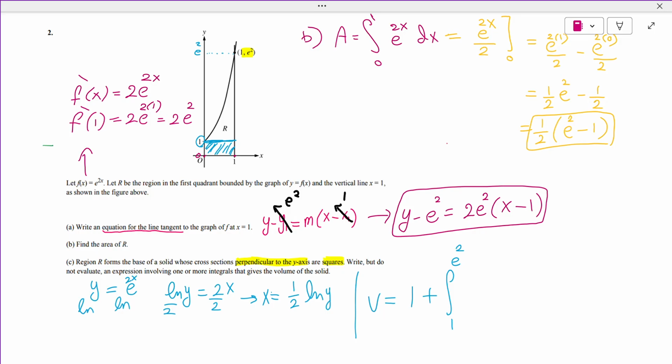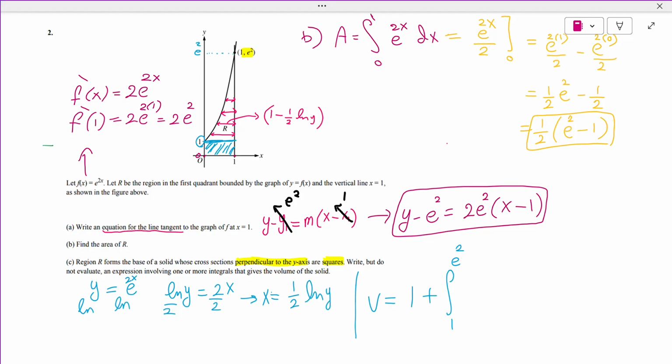Now, we need to find the side measure of the cross section, which is going to be a square. So we are looking for this measure, because the cross sections are squares. So this measure here is given by 1 minus the function in terms of y, which is 1 over 2 times ln of y.